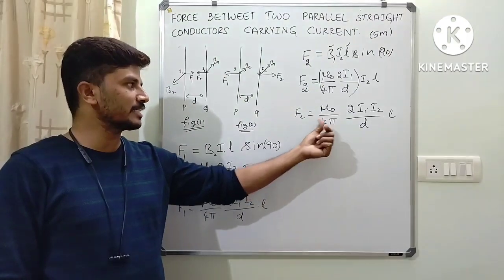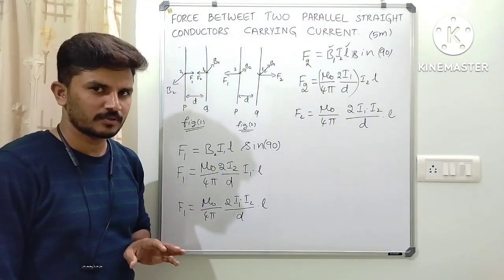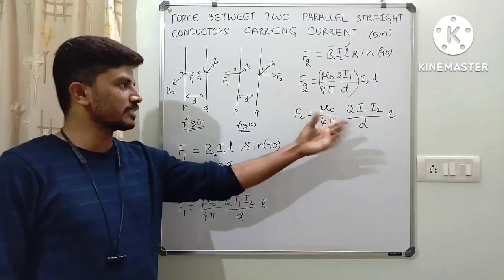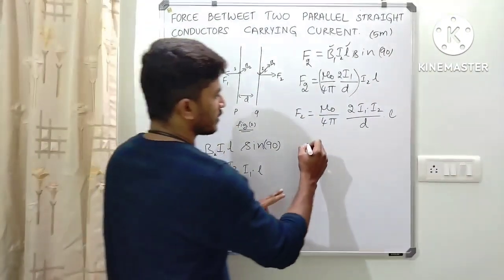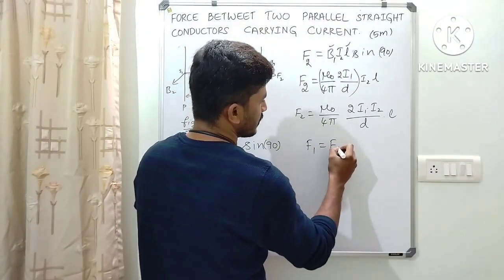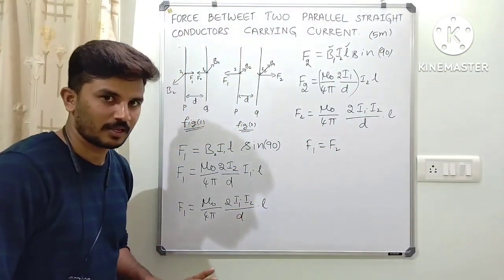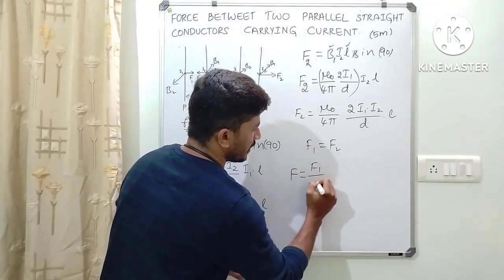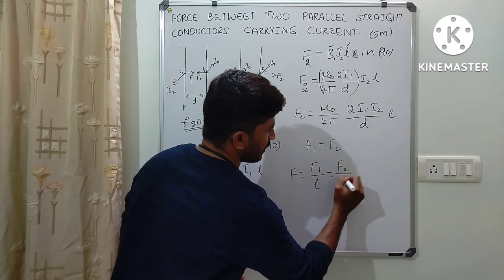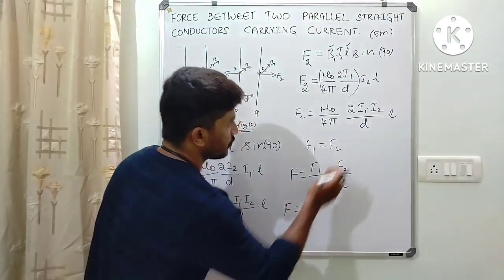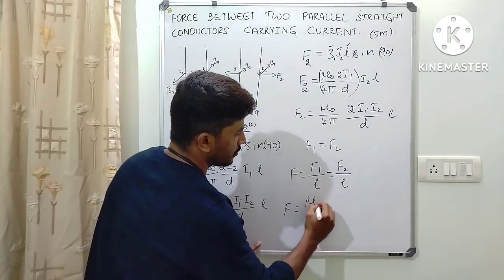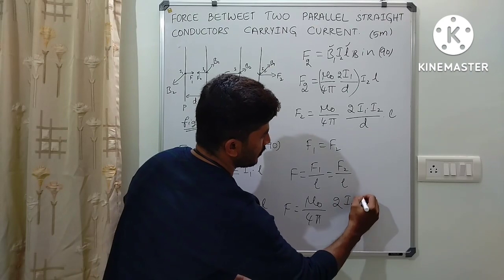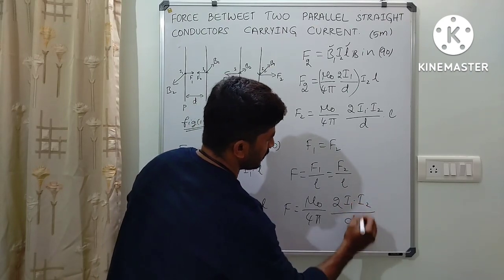The force acting on the second conductor due to the first conductor is this. If lengths are the same, magnitudes of force are also the same. So F1 is equal to F2 if lengths are the same. And then the force per unit length, that means F1 by L or F2 by L, is given by F equal to, if L comes this side, so we will write mu naught by 4 pi, 2 I1 I2 divided by d.